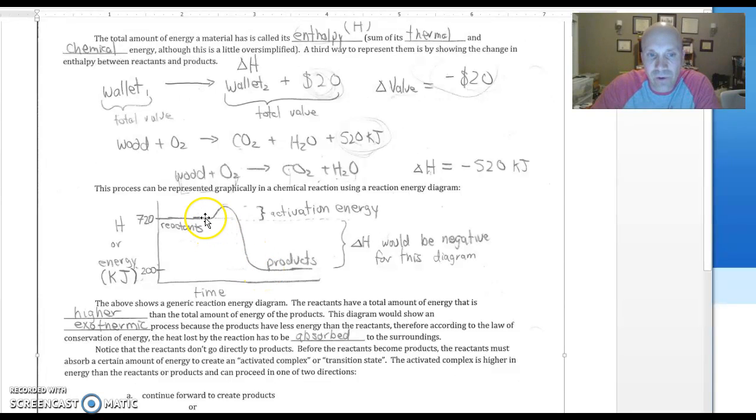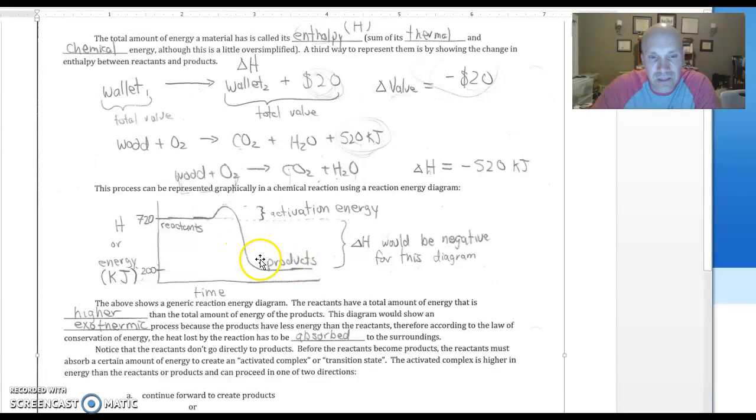No. You actually have to put a little bit of energy into the match first to get the process started before the reaction will start going. That little increase in energy that you have to put into the reaction to get it started is what's called the activation energy. That would be represented by the distance from the reactants up to the top of this.